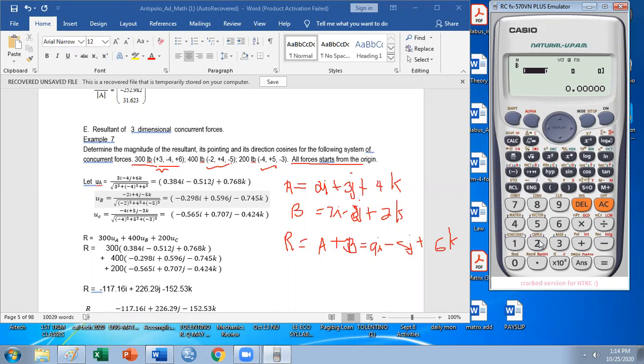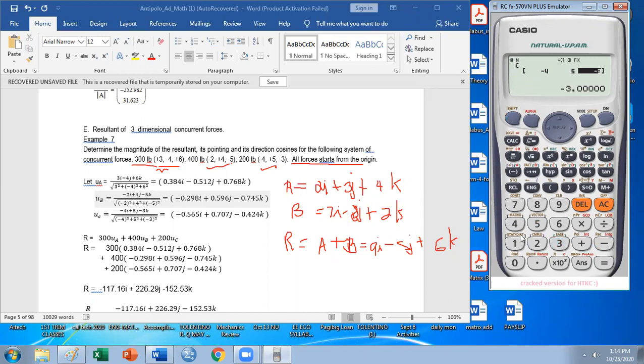Okay, you have negative 2, 4, and negative 5. And then dimension mo yung pauli, shift 5, dimension mo ulit yung pangatlong vector. Okay, you have negative 4, 5, and negative 3.